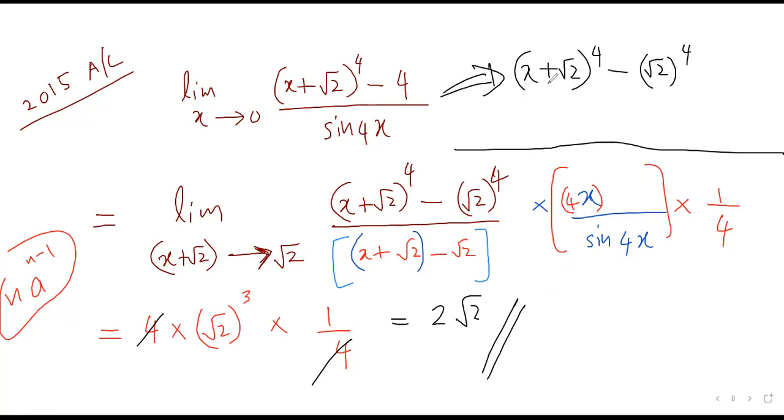I write only the numerator. How to factorize this? First, difference of two squares, the square of a square minus square of a square. Then again you can factorize using difference of two squares and simplify and take the answer. This is also another method.